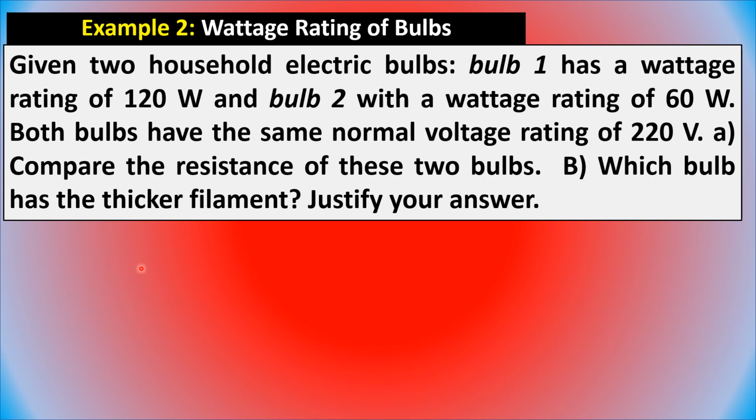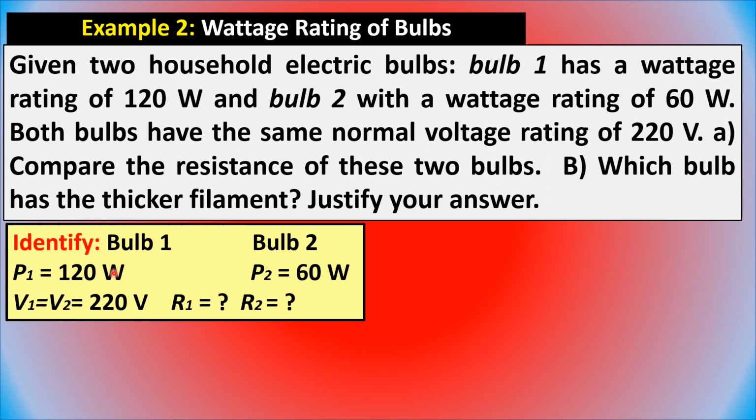Okay, this is what we will do. We're going to first identify the variables or the data given in the problem. For bulb 1, it has a power P1 equals 120 watts. And for bulb 2, that is 60 watts.